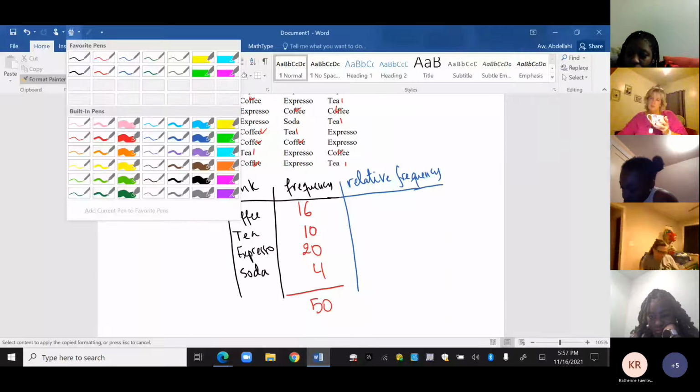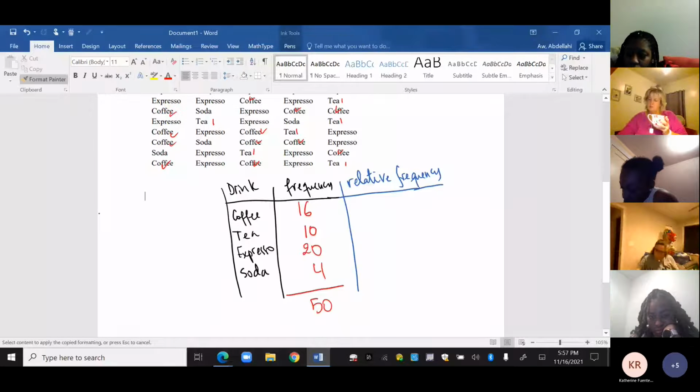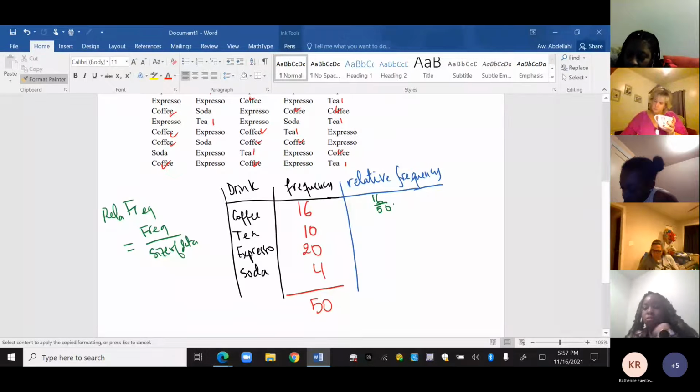Relative frequency is equal to the frequency divided by the size of the data. For instance, what is the relative frequency for coffee? It is 16 divided by 50.